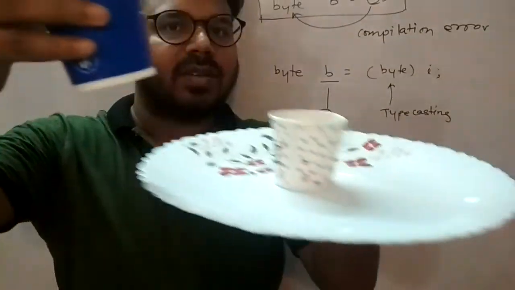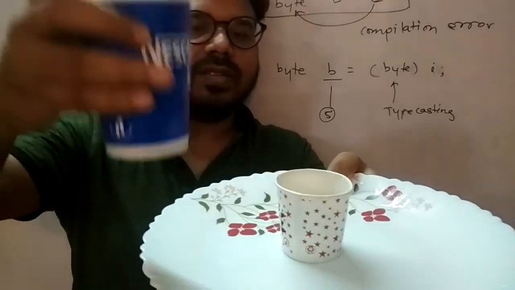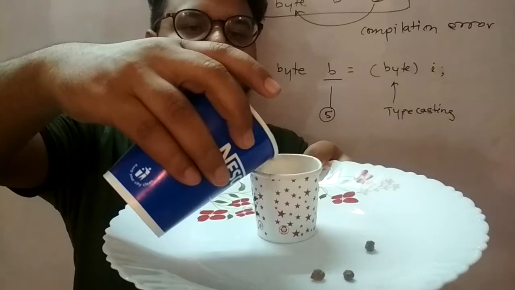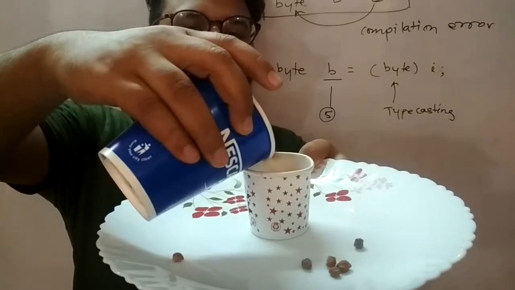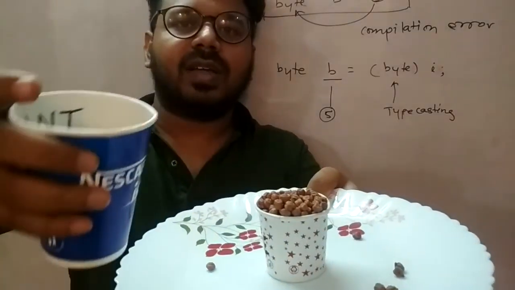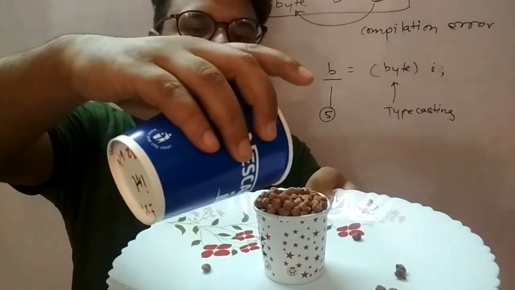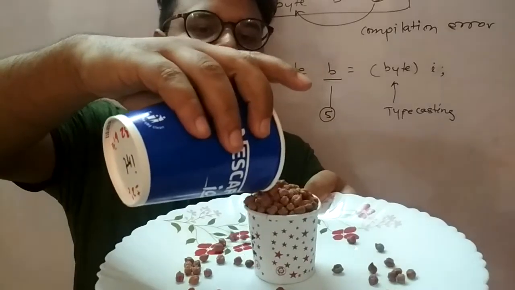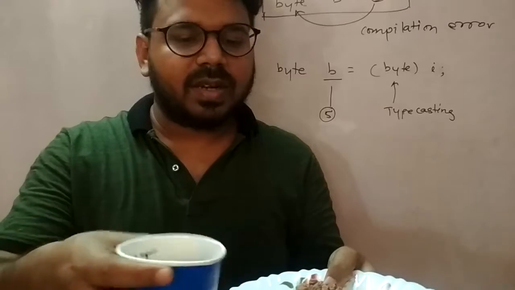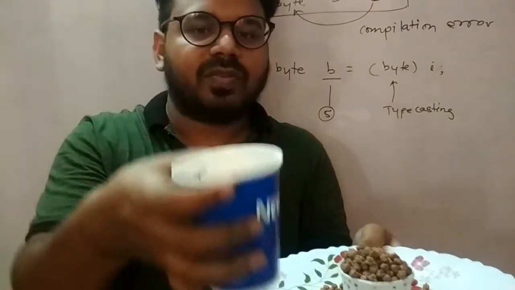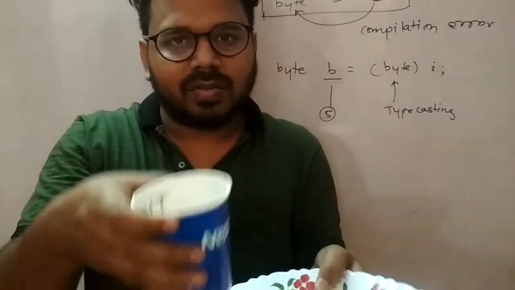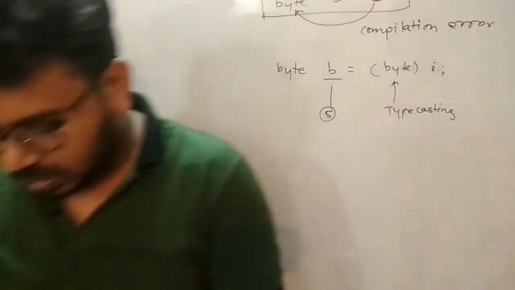If I store this integer value into byte, it will start filling into the byte. Okay, so now you can see byte is filled. Now I am pouring and the data is getting filled. You can see that the integer is not getting fit completely into the byte, because byte's capacity is very much less than the int value.